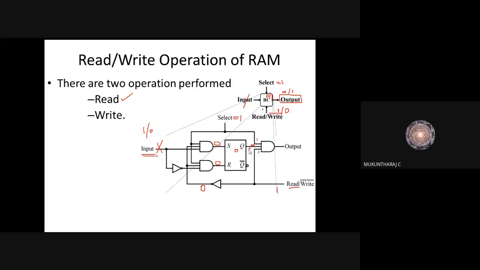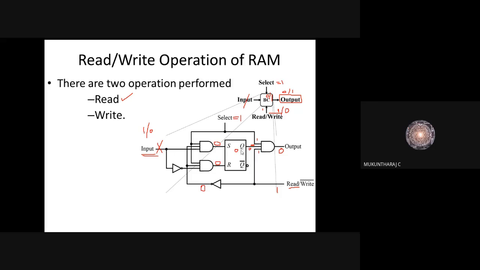The Q will be 0. Okay, so for this AND gate, two inputs are set with logic 1. Okay, so the output depends on the data available in the Q, right? So definitely the output is 0.